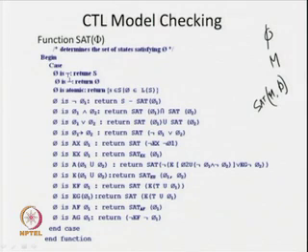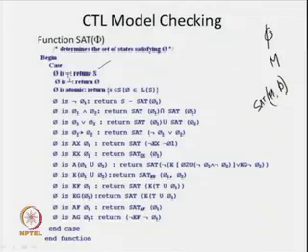Now, in this particular case, as per the semantics of the CTL formula, all states will be labeled with the truth value true and none of the states will be labeled with the truth value false. So, if phi is true, then it is going to return the complete state space S, because true is true everywhere.